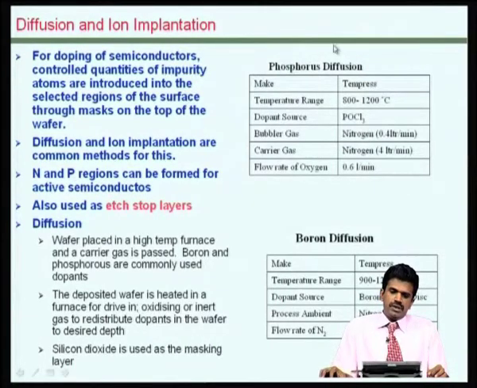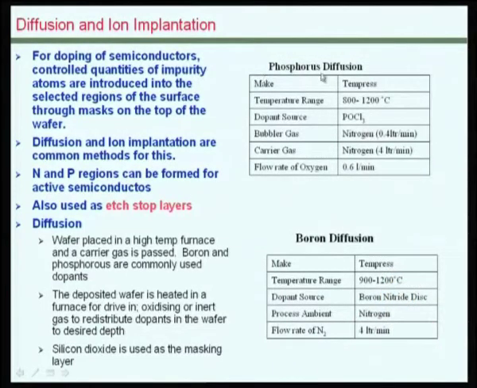N and P type regions can be formed by depositing either phosphorus or boron material onto the silicon. It is done at extremely high temperatures. In our case it is a tubular furnace.